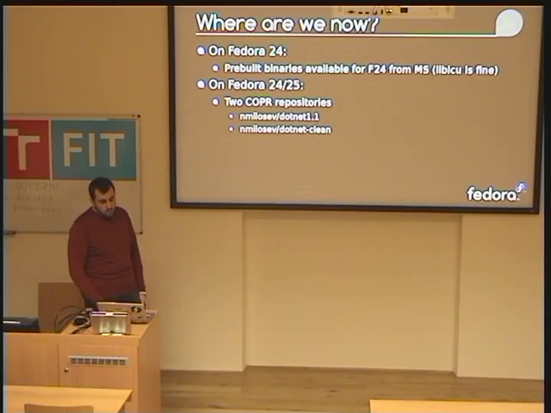So, if you want to start developing with .NET Core on Fedora today, if you're using Fedora 24, which is still supported, obviously, you can use the pre-built binaries from Microsoft, where the libicu version is hard-coded correctly. If you're using Fedora 24 and you don't want to use the Microsoft binaries, or if you are using Fedora 25, there are two other cool Copr repositories which you can use.